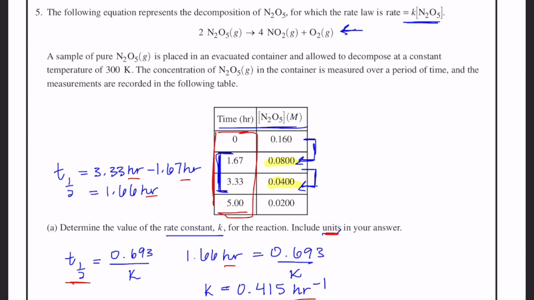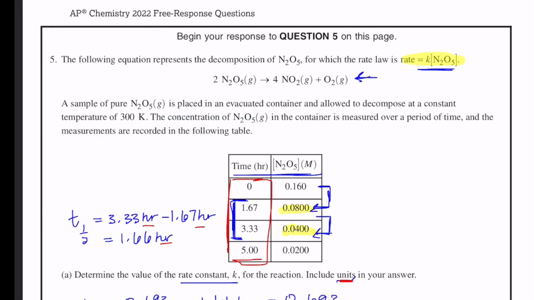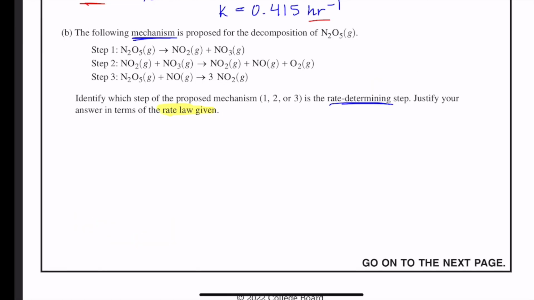In part B, we have a reaction mechanism, and we're asked which step is the rate determining step, and they're also alerting our attention to the rate law given, which was up here. So now what we have to do is get this rate law and see which one of these steps has a rate law that matches the given one.